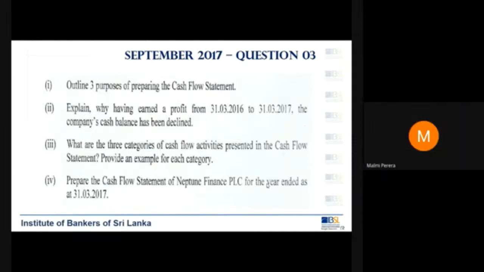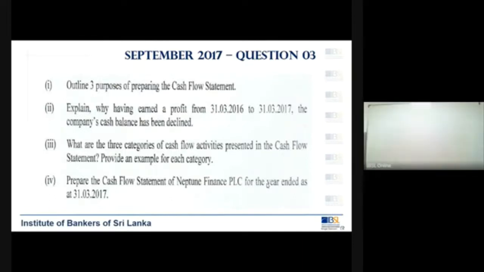To identify cash inflows and cash outflows of the business. Yes, yes. So I explained this all. What is the main requirement?